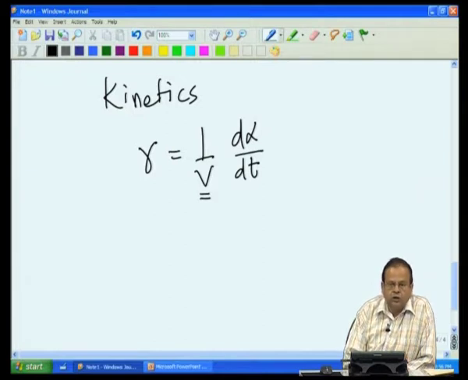Depending on whether the reaction is homogeneous or heterogeneous, we can have different normalizing factors such as volume of the reacting mixture or the weight of the catalyst and so on.